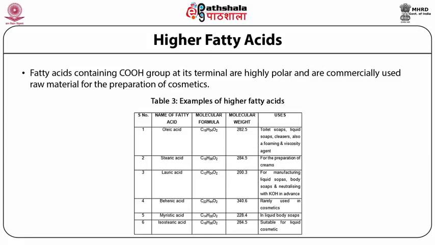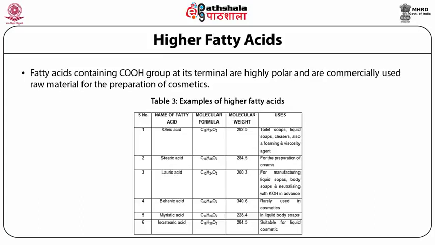Number 3, lauric acid, which has a molecular weight of 200.3 and is used for manufacturing liquid soaps, body soaps, and for neutralizing KOH. Number 4, behenic acid, which has a molecular weight 340.6 and is rarely used as a component of cosmetic preparations.